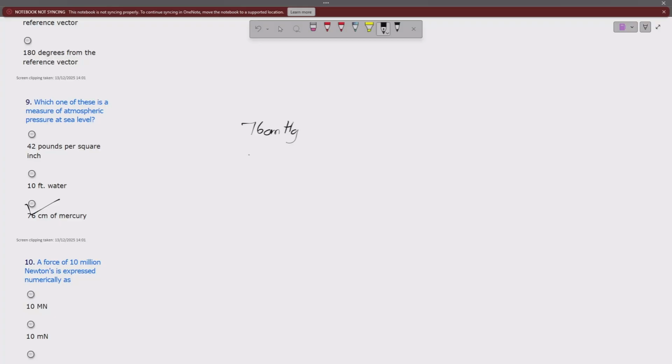Some instances will give you inch mercury, which is 29.92 inch of mercury, or water, that is 10.33 meters of water, H2O, all equals 1 atm.